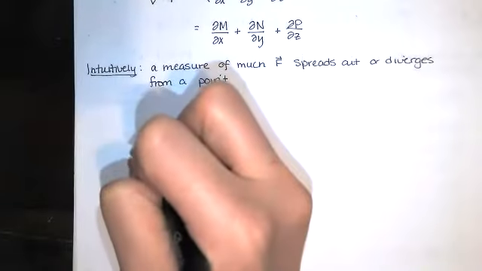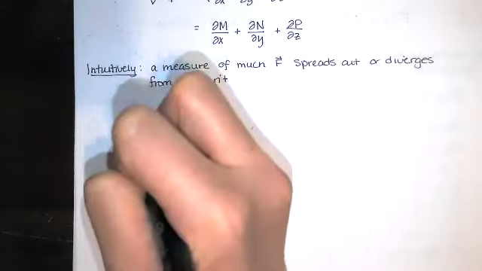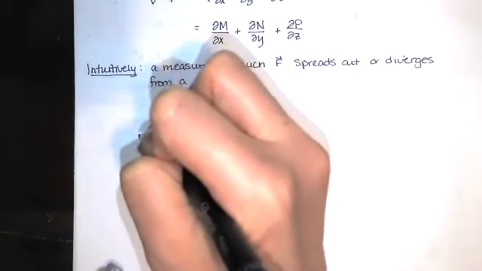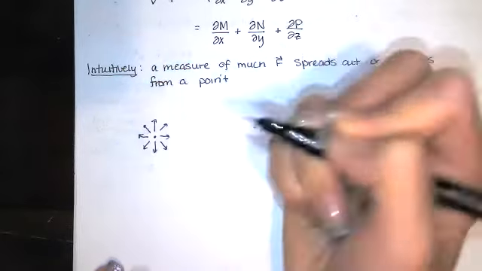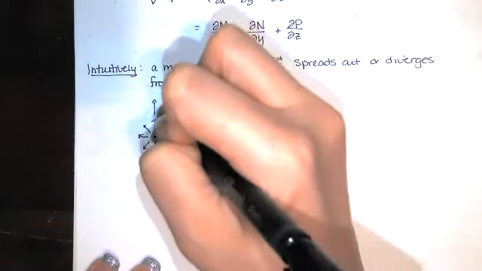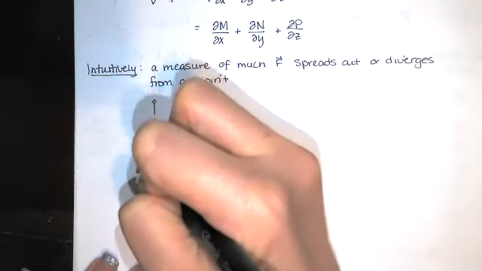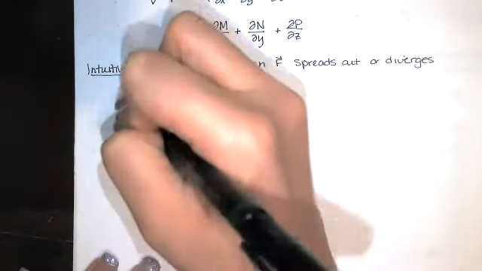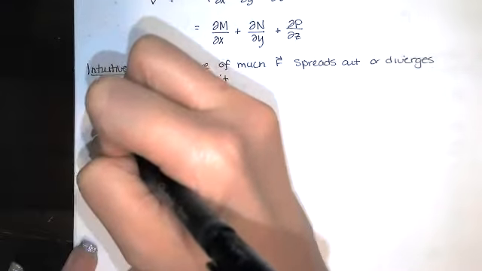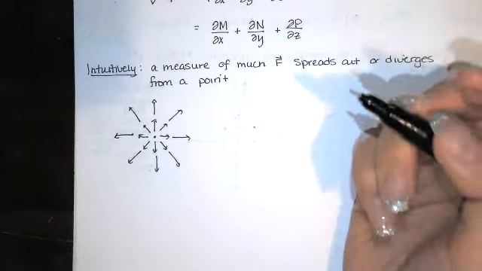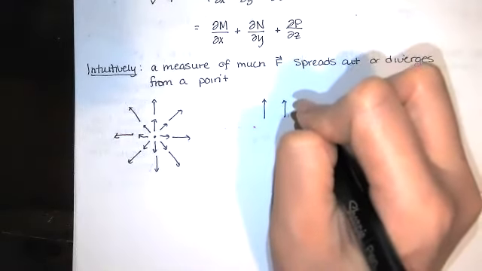So let's say I've got a point that looks like this. And let's say I've got a field that looks like this.